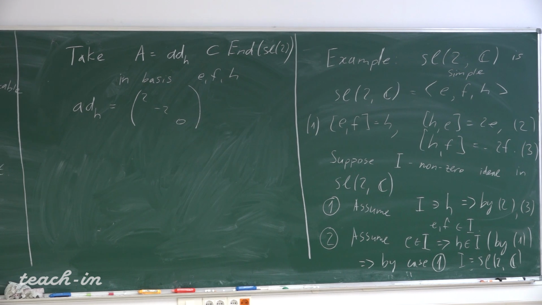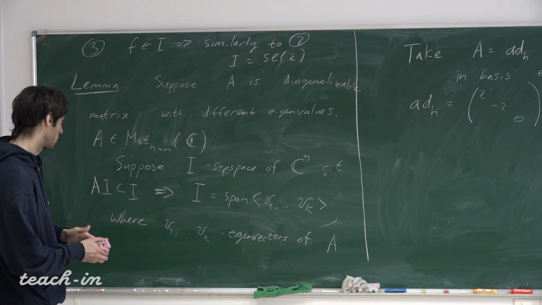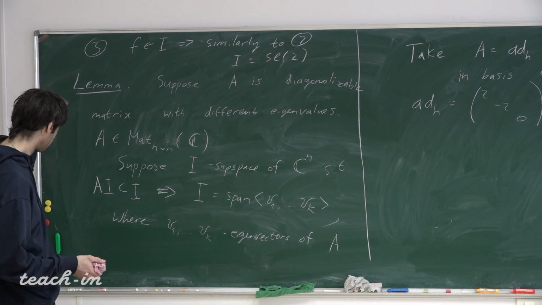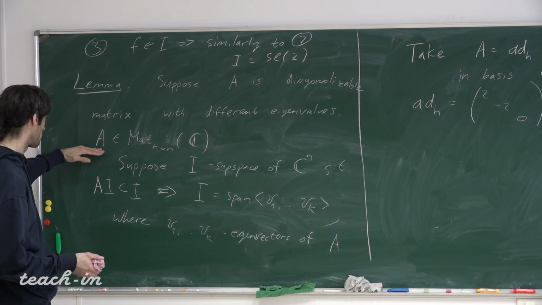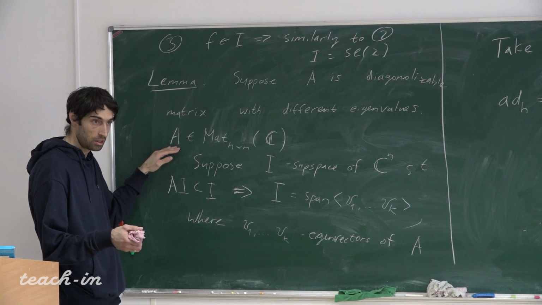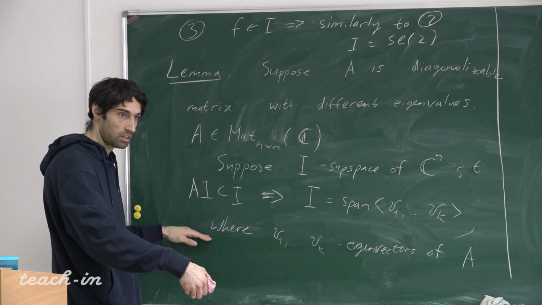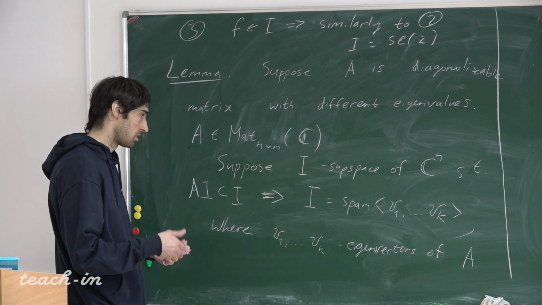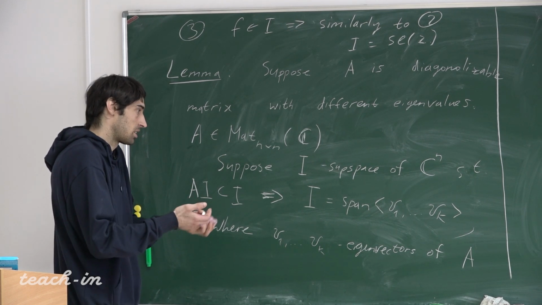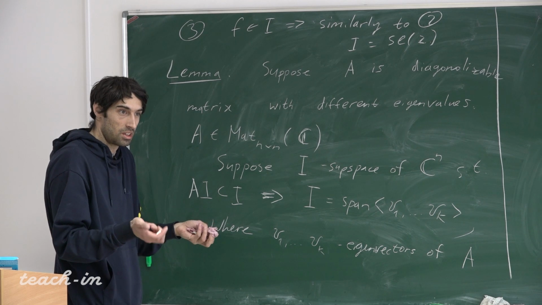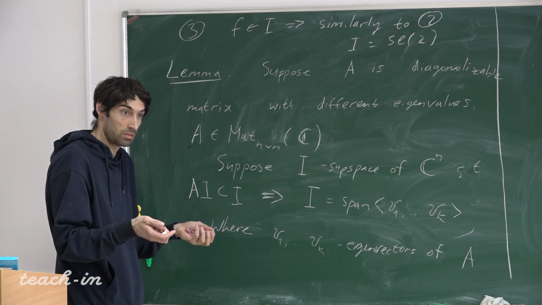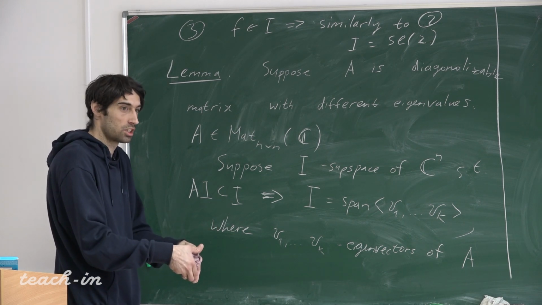Now, why is this lemma true? Well, because this is a linear transformation of Cn. You can consider its restriction to I, and consider its Jordan normal form of the restriction.